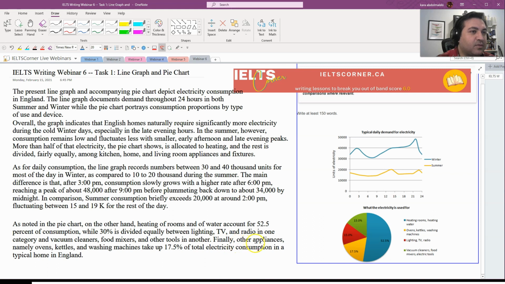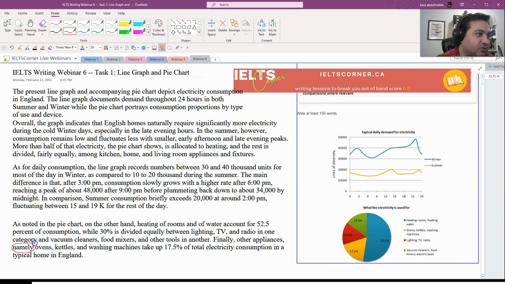Finally, other appliances. So other appliances is not really an accurate name for this category. So I have to say what appliances those are. So I say namely. I can't say including because I'm actually mentioning all of them. So instead of including, I say namely.